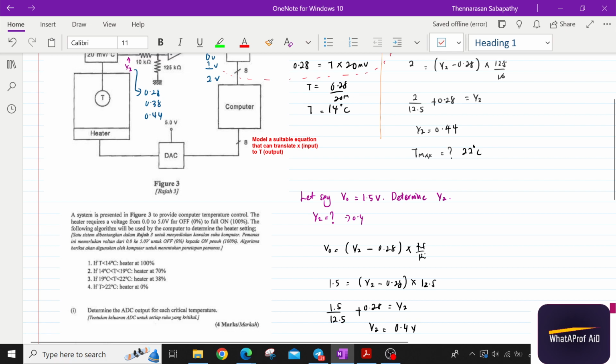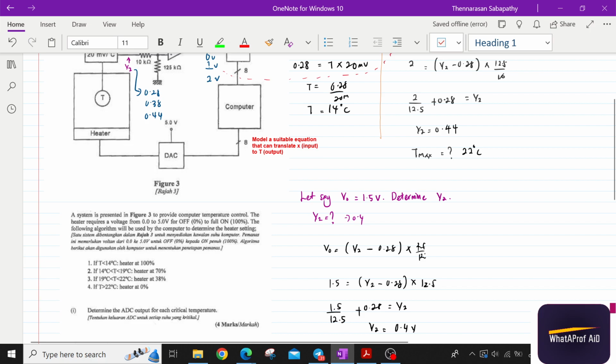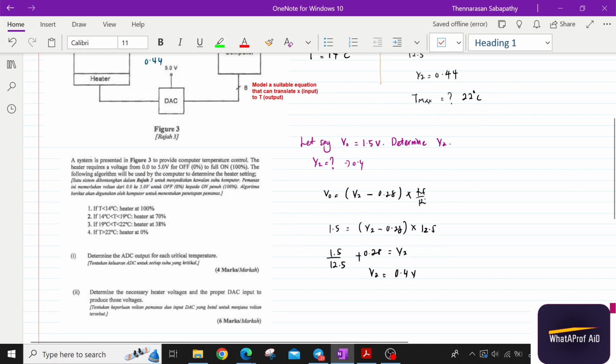Then we continued with an example. Let's say the output voltage over here is 1.5, determine V2. What will be the input voltage V2 here? We tried this one scenario, where the output voltage is 1.5 V, and V2 we find based on the equation.